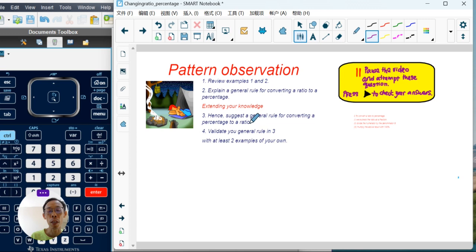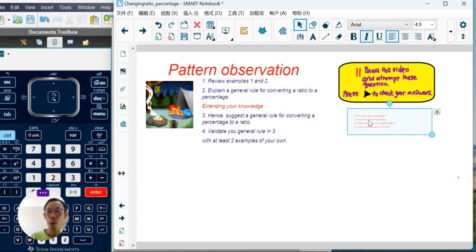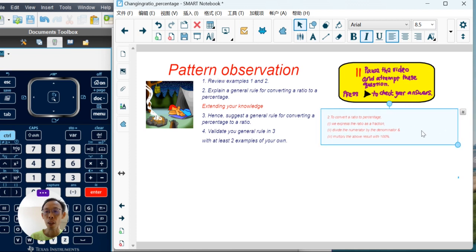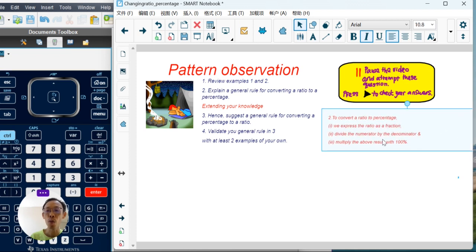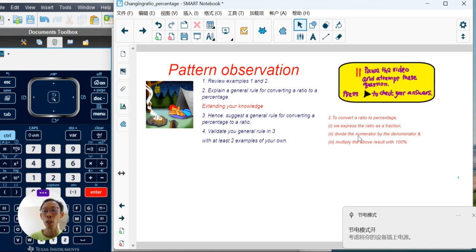And then validate your general rule of number 3 with at least two examples of your own. All right, very good. Have you got the rule yet? Well, actually the rule is written here, so I'm going to make it larger for you to see. Okay, here it is. The rule for converting ratio to a percentage is simply going to be this.